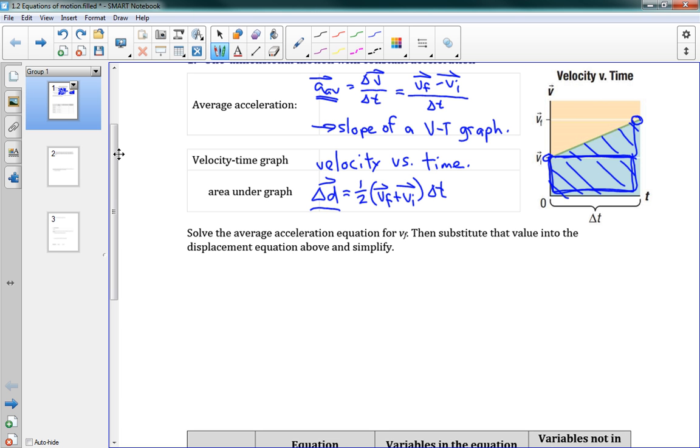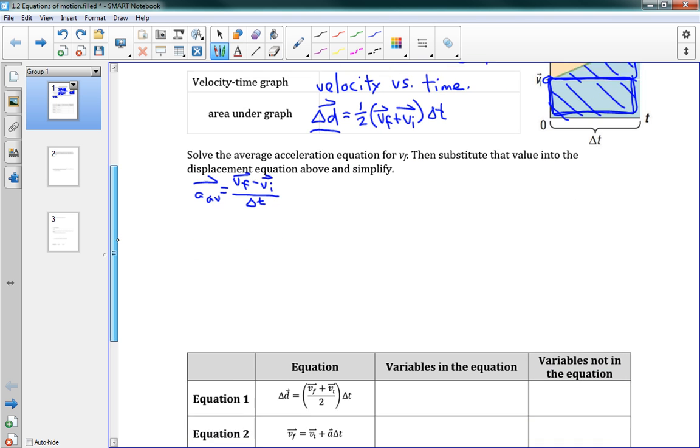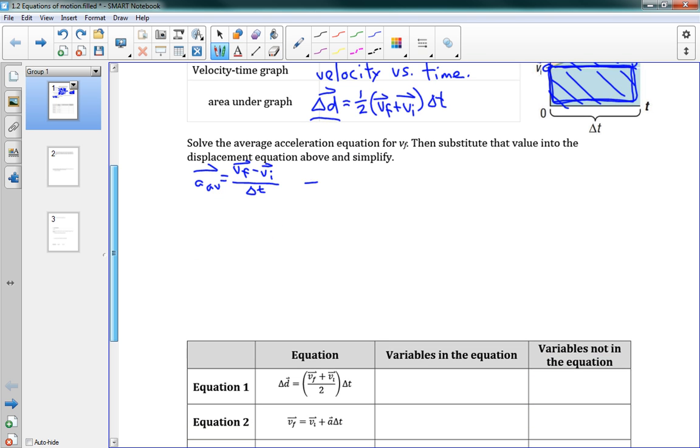So here I'll start with a average equals vf minus vi over delta t. And now I will rearrange that for vf. So that looks like vf is equal to a average delta t plus vi.